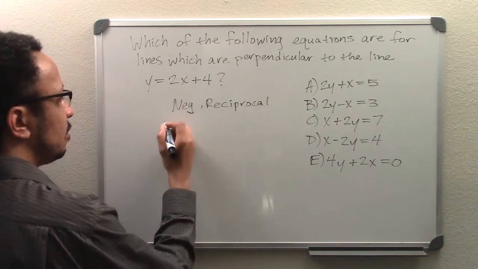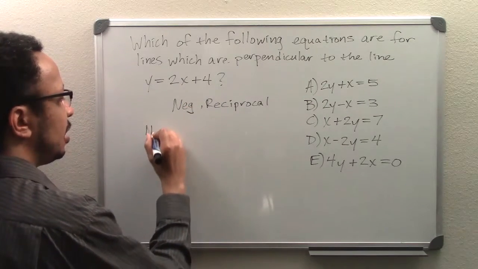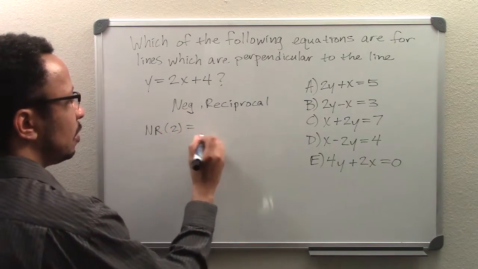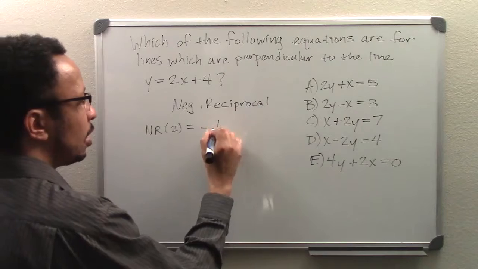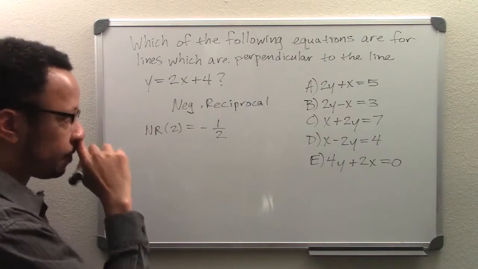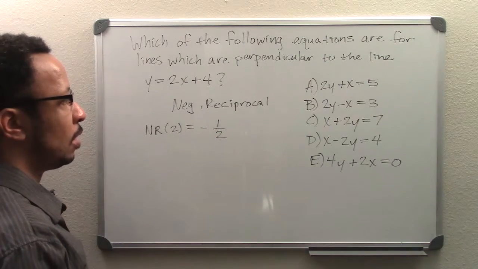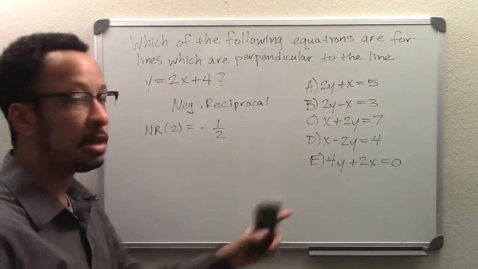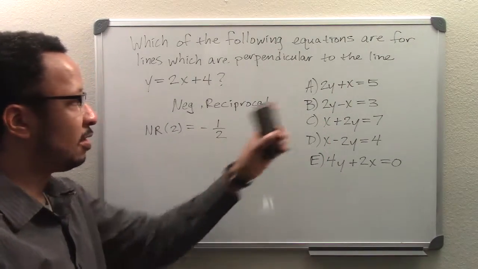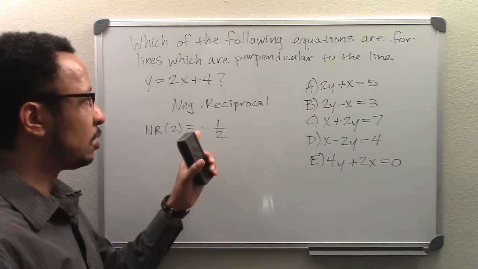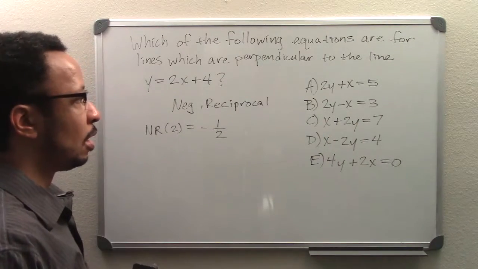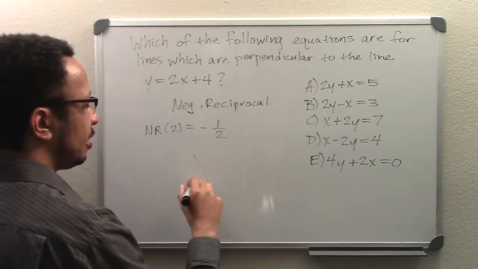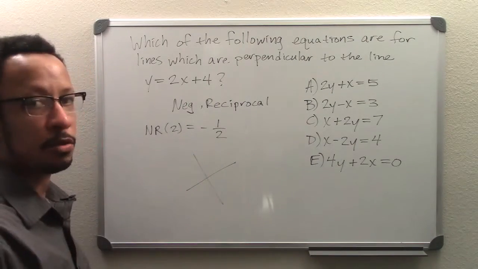So if we take the negative reciprocal of 2, that would equal negative 1 over 2. We're going to examine each one of these to see which have the negative reciprocal slope of this line, and that means that it is perpendicular to it.